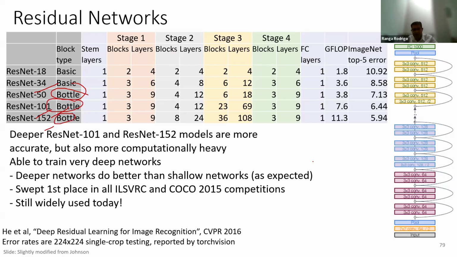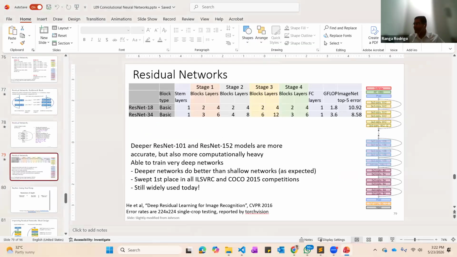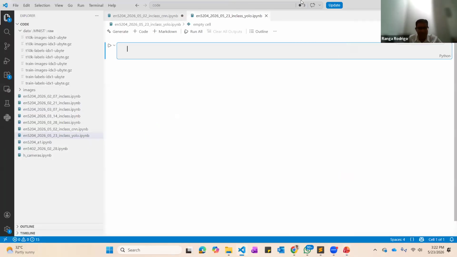Okay, let me see whether we can get a quick network running and working on one of our data sets with ResNet. We can download the ResNet and see whether I can code that quickly so that you can see how to use an existing ResNet and work with it. Let me see whether I have that code written.